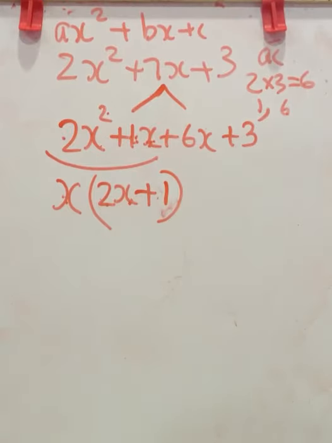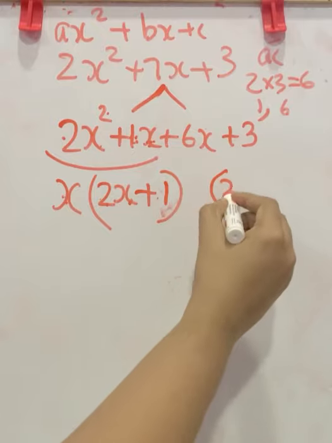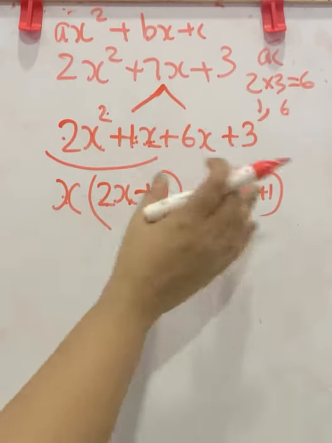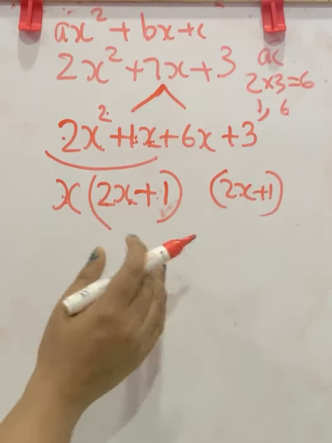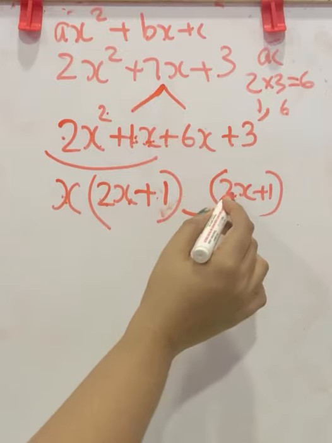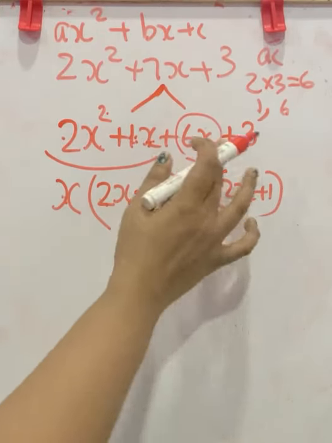Close the bracket. Now next is to write this bracket here, that is 2x plus 1, because we need this bracket as common in the next step. Now check what is the number multiplied by 2x to get this term. Dash into 2x is 6x.